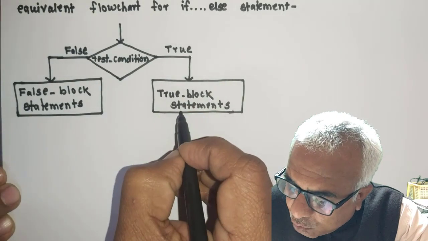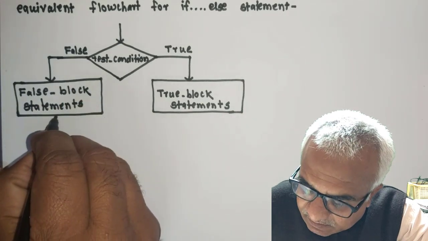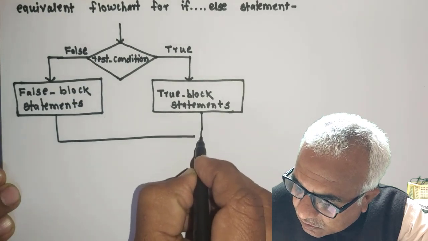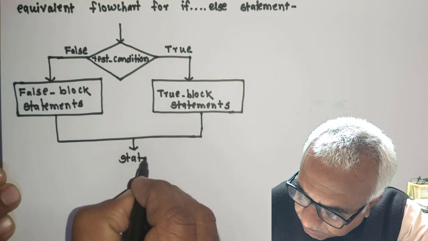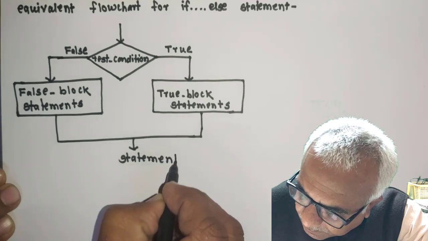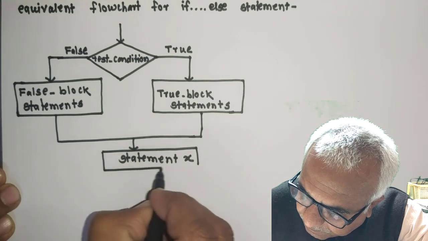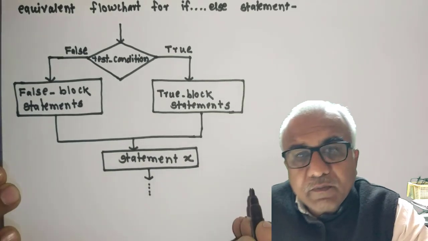After execution of the true block statements or false block statements, control is transferred to the statement X and the next statements.